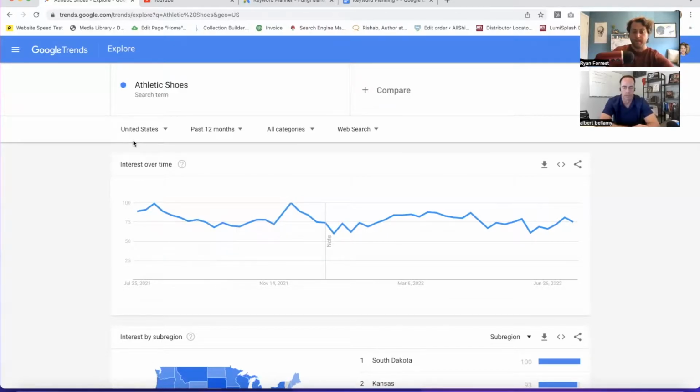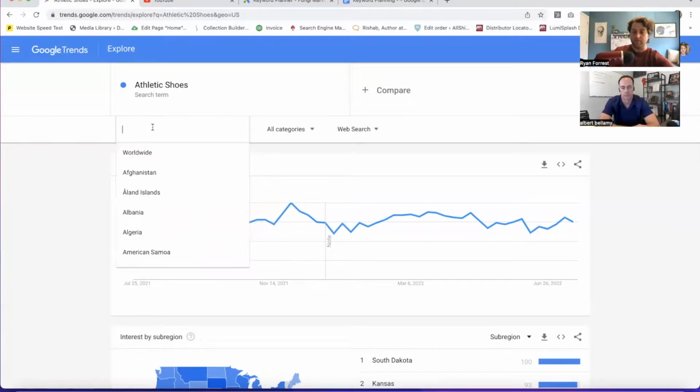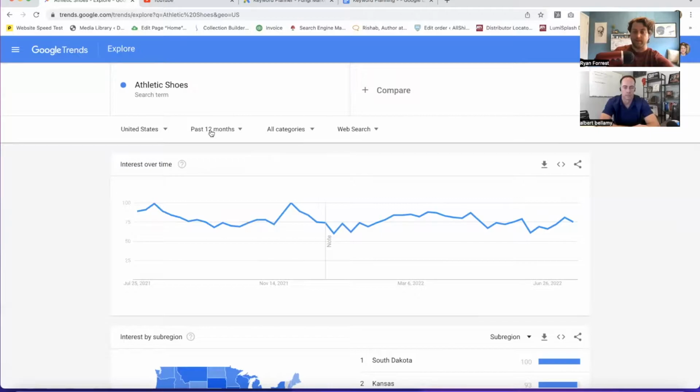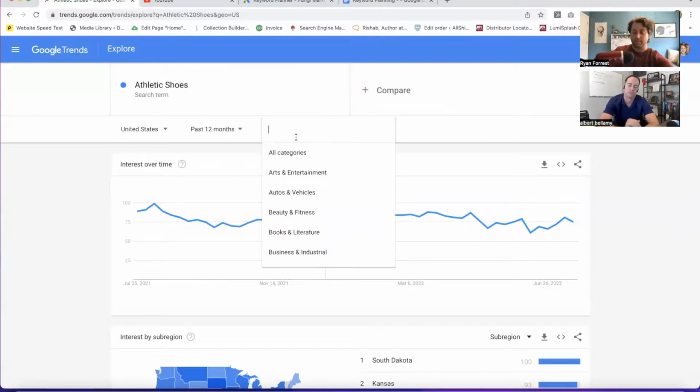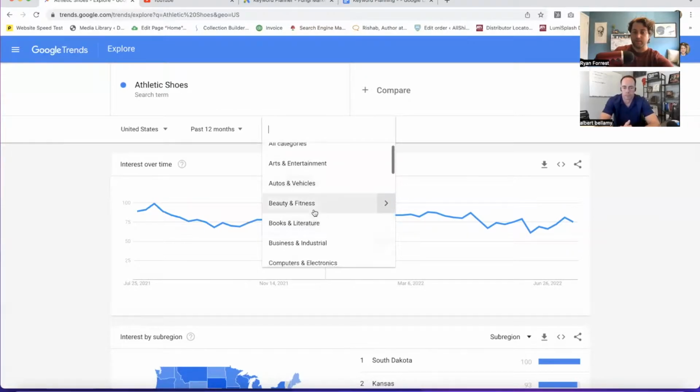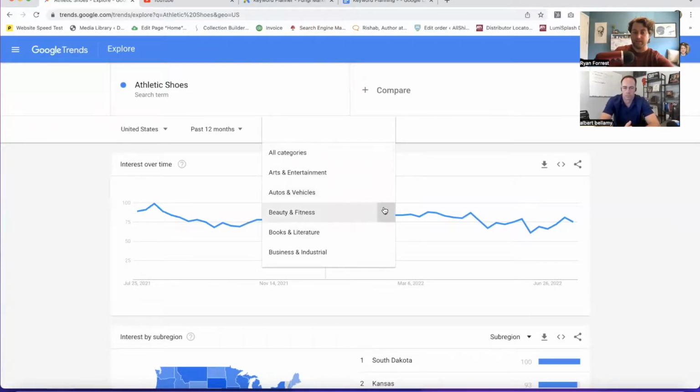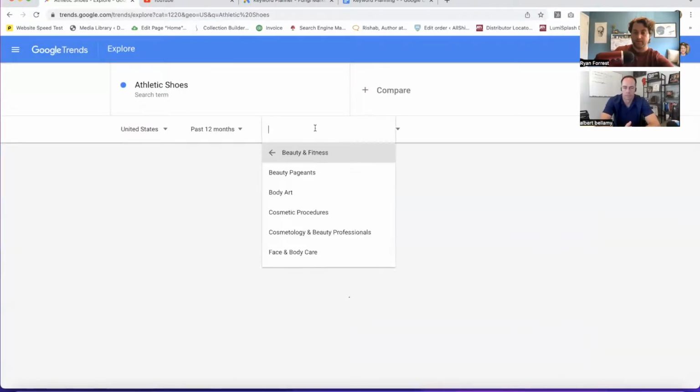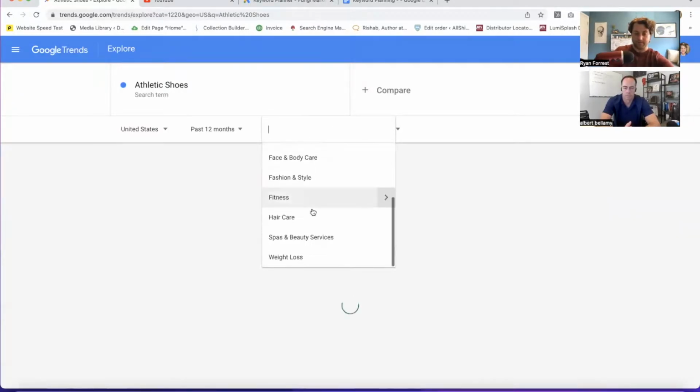Makes sense. And depending on what you want to look at, you can refine by your country or by different things like time frame. There's categories in here, so you could put beauty and fitness. Let's see, we don't want cosmetic procedures.